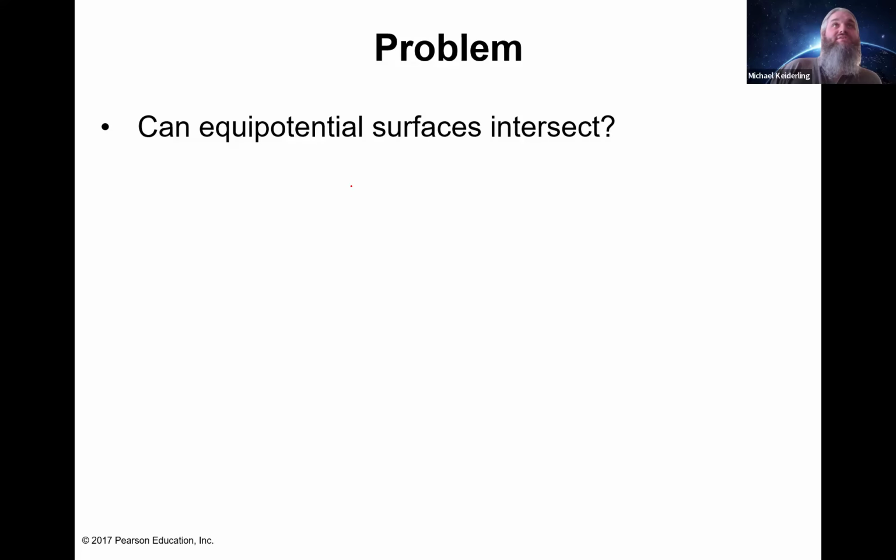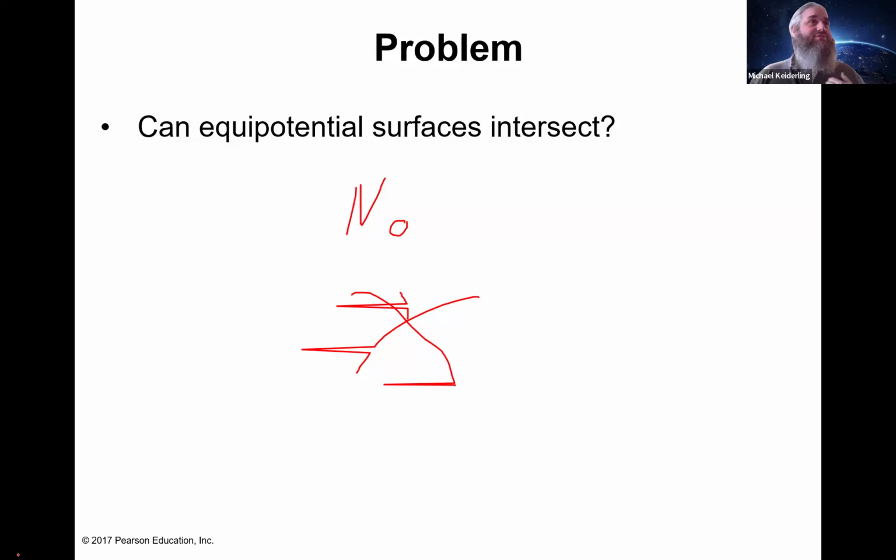Well, the correct answer is no, because if you had two surfaces intersecting, you would have two electric fields at the same point, because the electric field's always perpendicular to the surface.